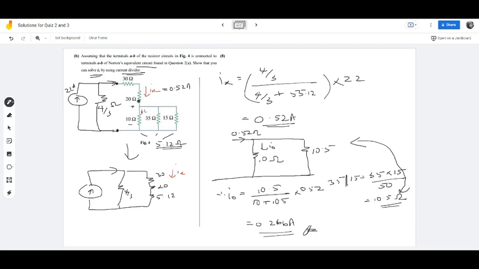That way also can, but you need to show the last bit for I naught, because the question says you need to use current divider to find I naught. So however you want to get this Ix, in the end, when you find I naught, you need to show current divider only to get full marks.